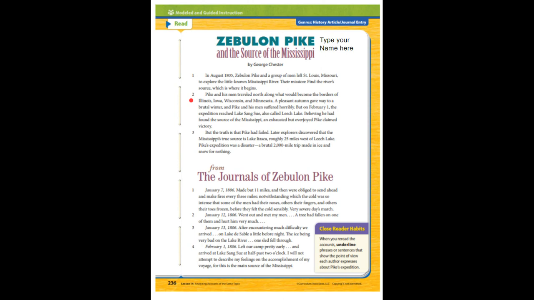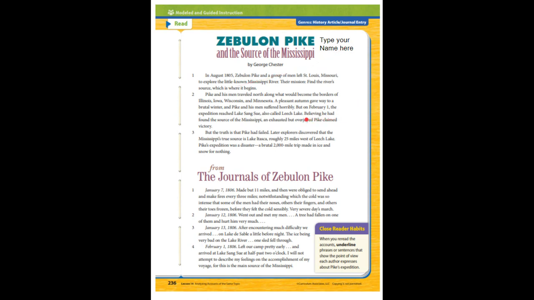Pike and his men traveled north along what would become the borders of Illinois, Iowa, Wisconsin, and Minnesota. A pleasant autumn gave way to a brutal winter, and Pike and his men suffered horribly. But on February 1st, the expedition reached Lake Sangsu, also called Leech Lake. Believing he had found the source of the Mississippi, an exhausted but overjoyed Pike claimed victory.